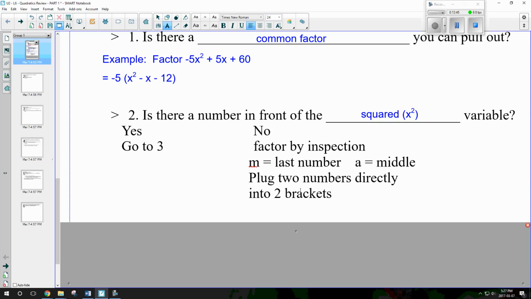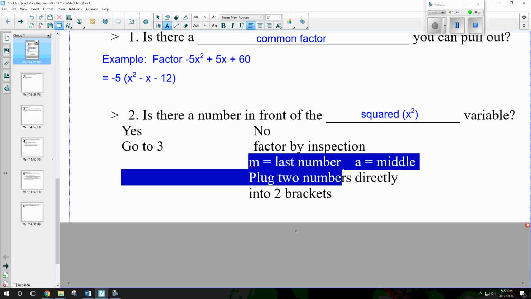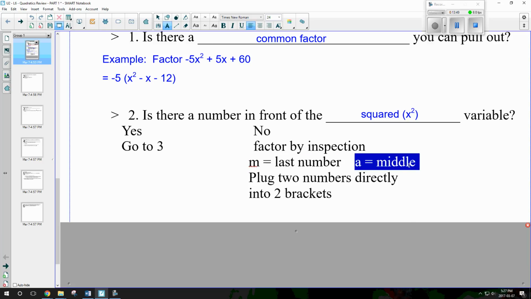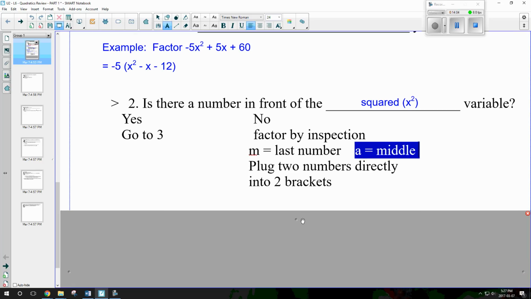And remember, factor by inspection is where we come up with our m and our a, and our two numbers that multiply to the m and add to the a, and we can plug them directly into the brackets. So we don't even have to do any other steps. Once we have the two numbers, we just plug them into the brackets and we're done.